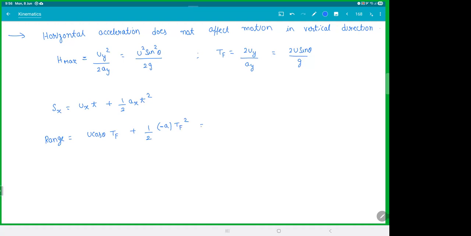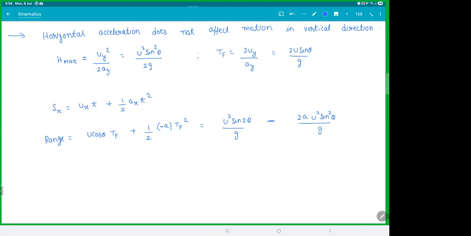Substitute here. This would be u square sine 2 theta by g. This was your regular range. Minus half a 4u square sine square theta by g. I will leave it to you to simplify that. So this would be 2a u square sine square theta by g. That's your answer.